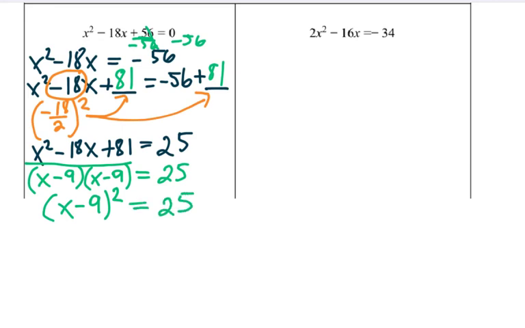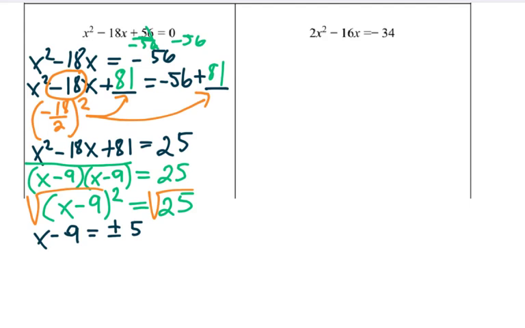And now I'm going to take the square root of both sides to cancel out the square. And I get x minus 9 is equal to positive and negative 5, which means I'll get two answers.